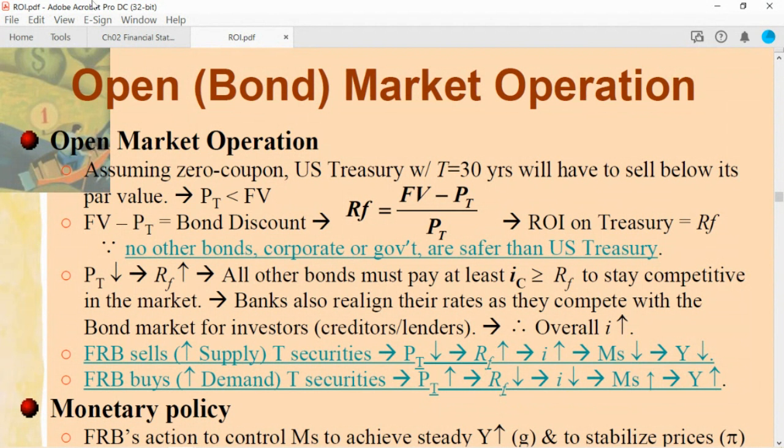But listening to financial news, the anchor goes on saying, today the bond market is up, interest rates are down. And another day, the anchor says, today the bond prices are down, the interest rates are up.